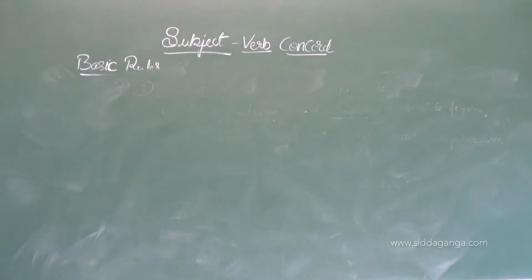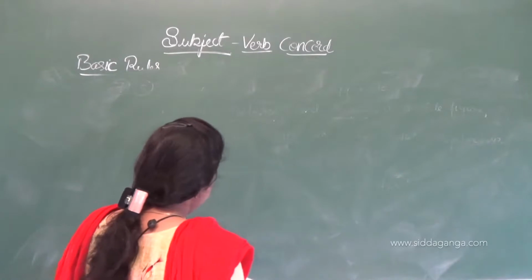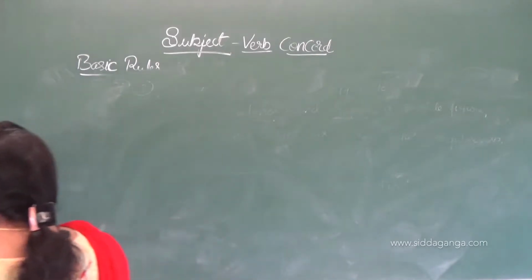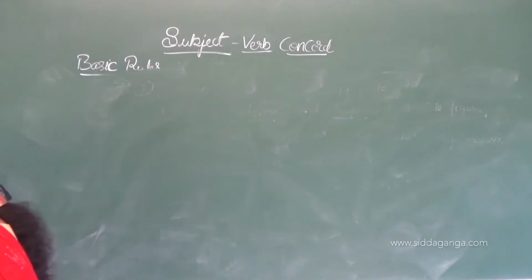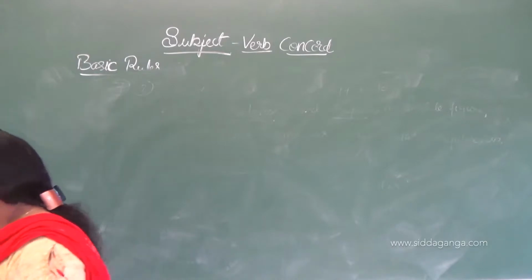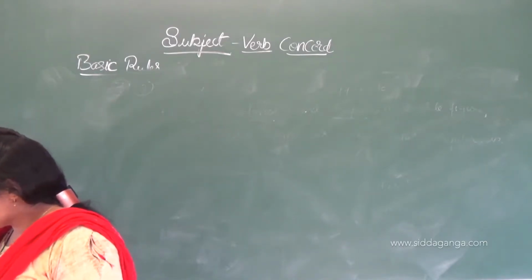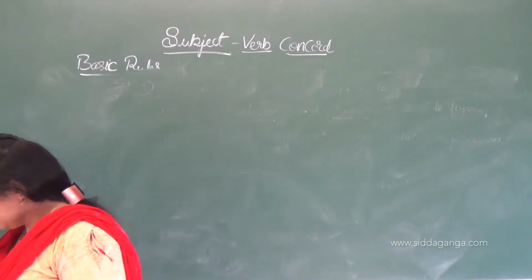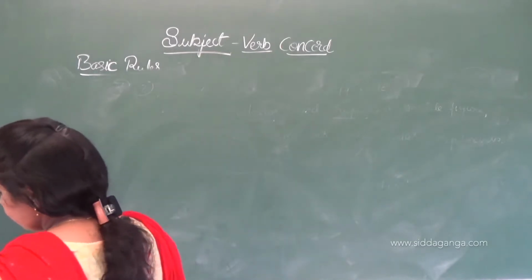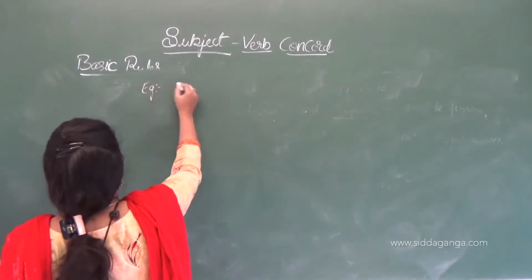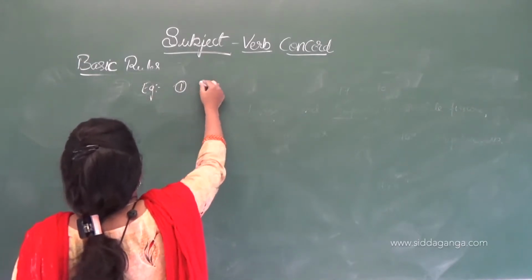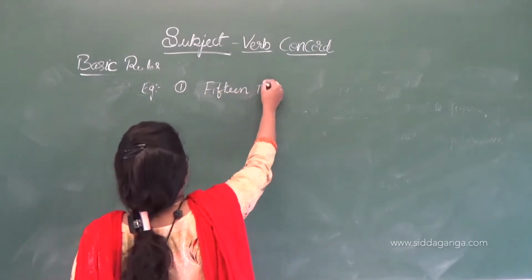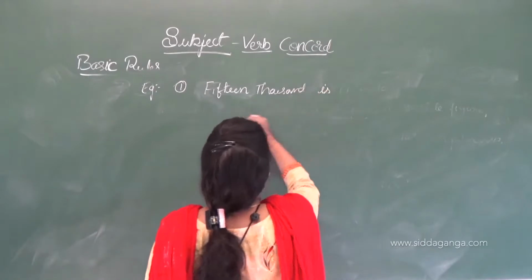Just a minute, I will give some more examples. An example for the eighth rule: 15,000 is the school fee.